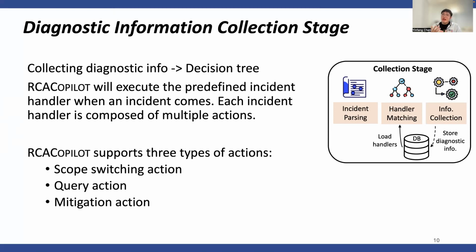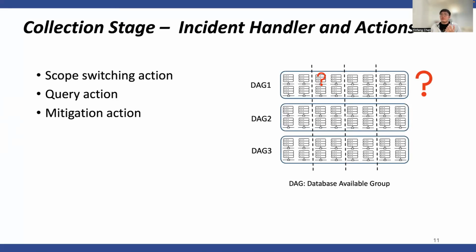For each handler, it is composed of three types of actions. One is a scope switching action, the other is a query action, and the last one is a mitigation action. The scope switching action is very necessary and important for the RCA Copilot. Why? Because during the workflow of the RCA Copilot or incident handlers, the scope may change.